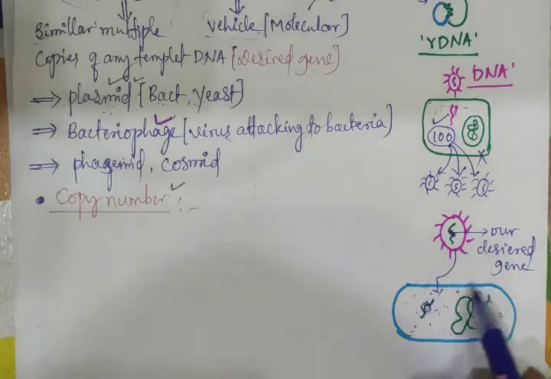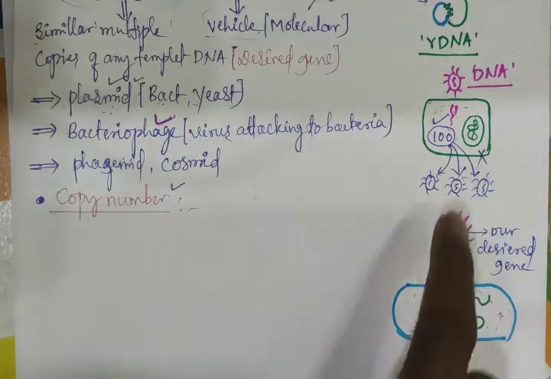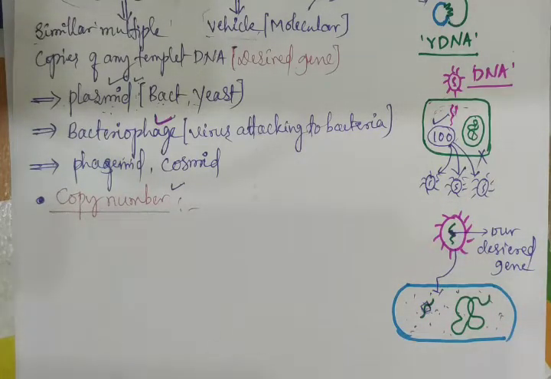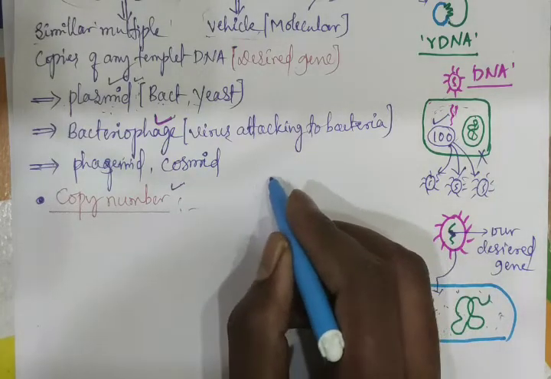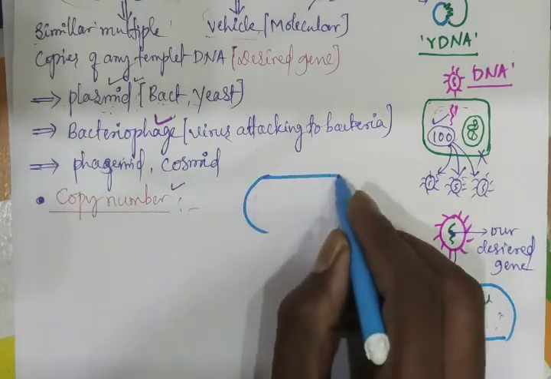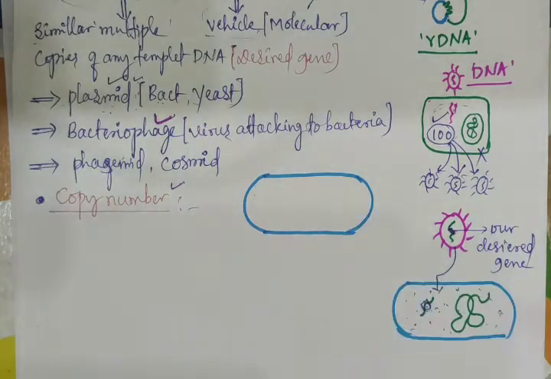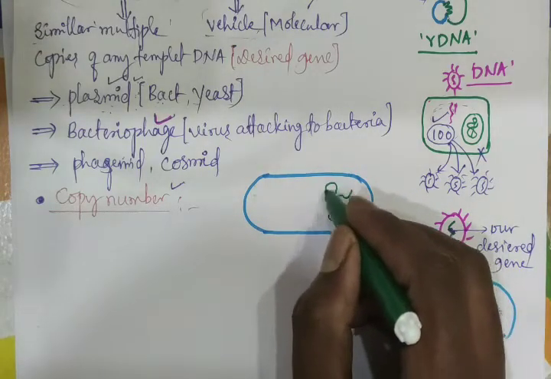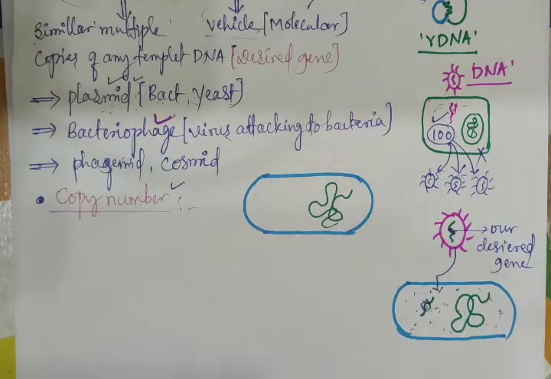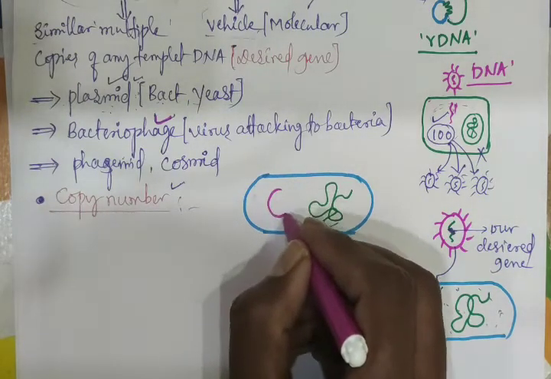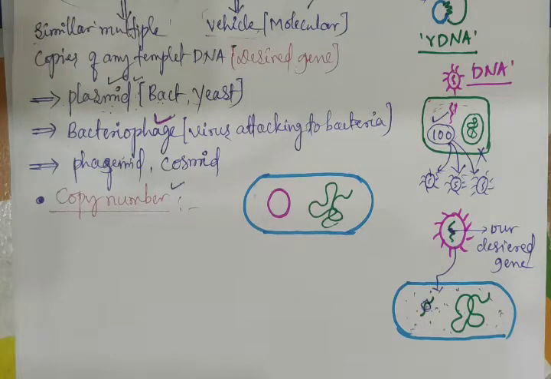Suppose it is not the virus attacking here, let us consider the same usual bacterial cell. I will refer to it as a host cell here, right? Inside this bacterial cell, as usual, normal DNA is present, and along with this normal DNA it has one plasmid.